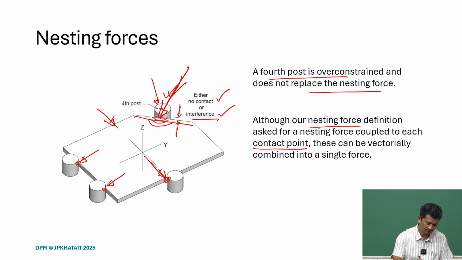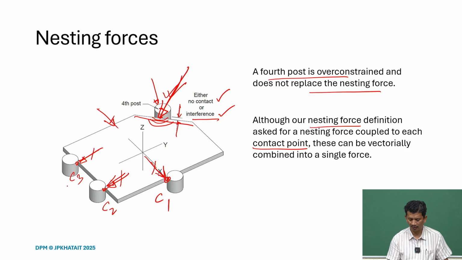This is the nesting force at this contact, along C2 we have this is the nesting force, and C3. But we can always get a single force by combining them vectorially. So, that is something we also need to understand, and we will do some exercises on this, how to find the nesting force.